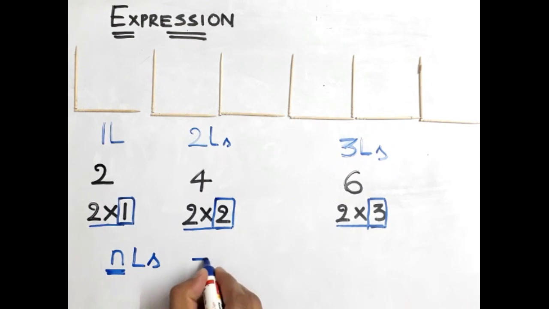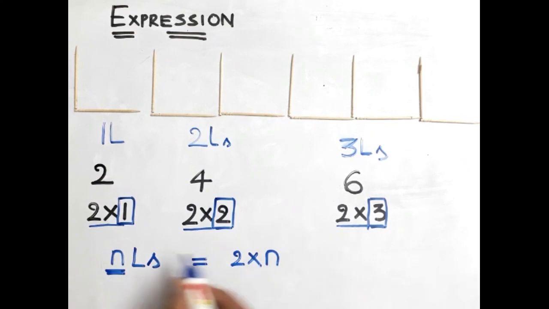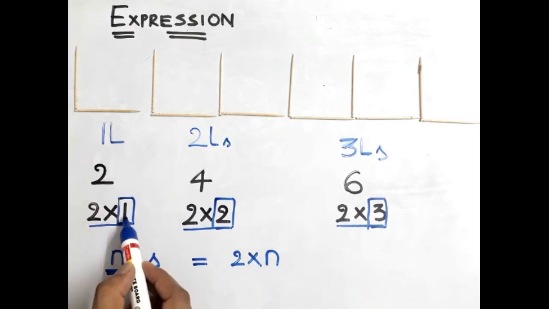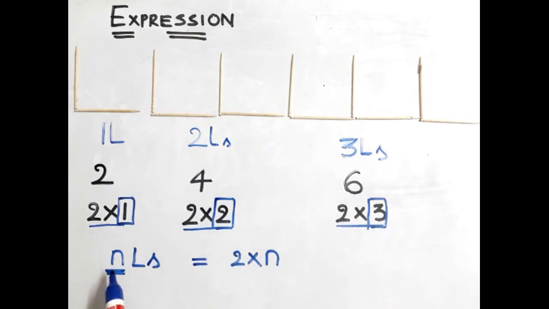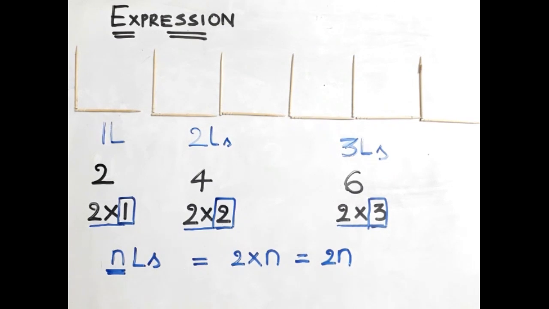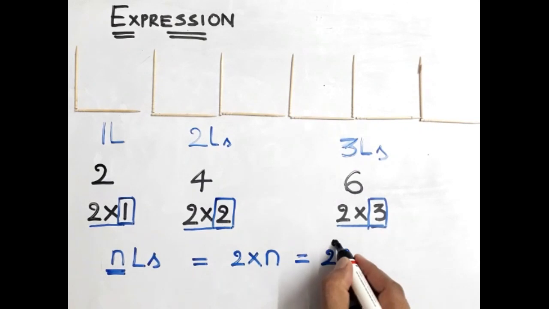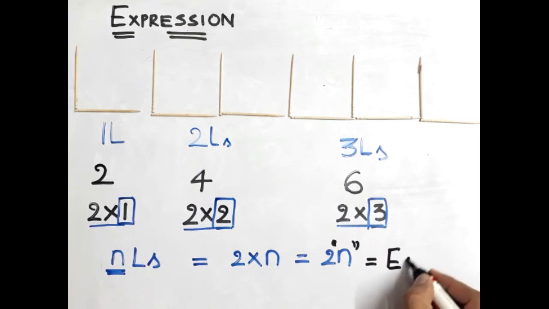For n L's, the general formula is going to be 2 into n, because 1 L is multiplied with 1, 2 L's with 2, 3 L's with 3. Similarly, n L's multiplied with n. So 2 into n we can write as 2n. If you observe here, we used the letter n as a variable. So this gives 2n as an expression.